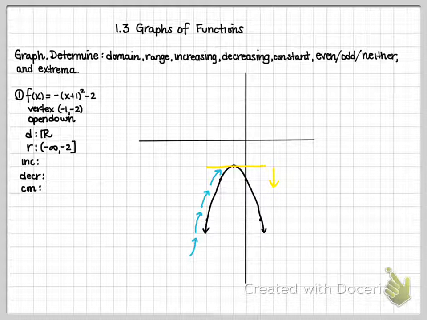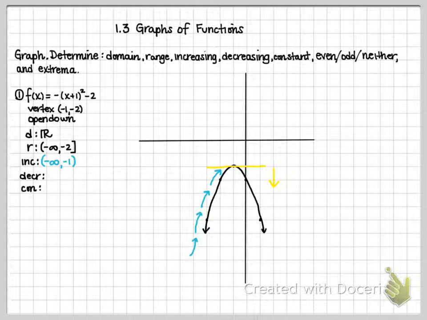Remember that this is the interval of the x's. So this is increasing as I come in from the left x's as I get closer and closer to the x value of the vertex. But it doesn't actually increase through the vertex.